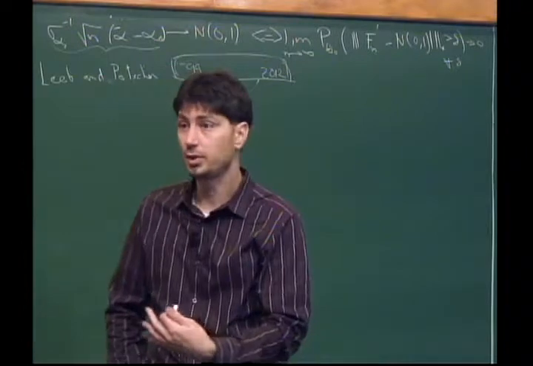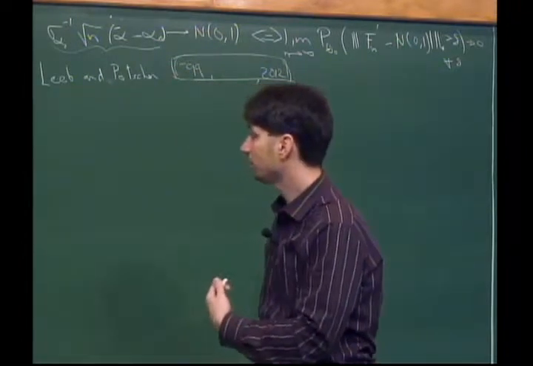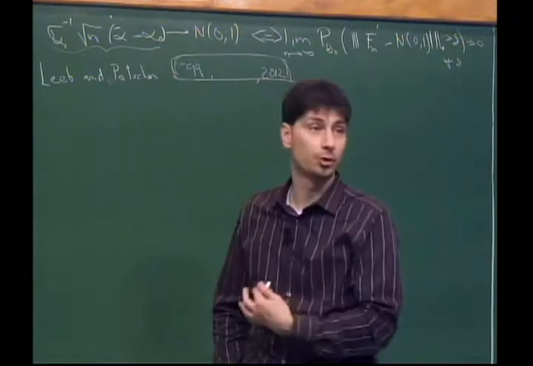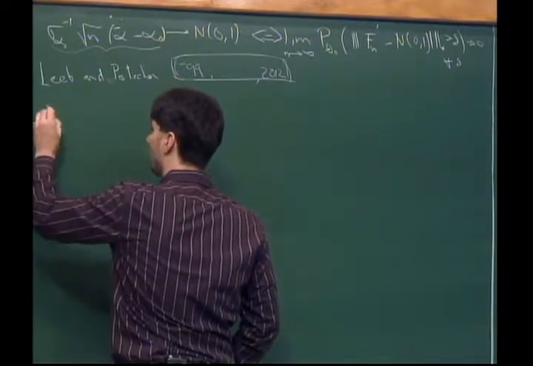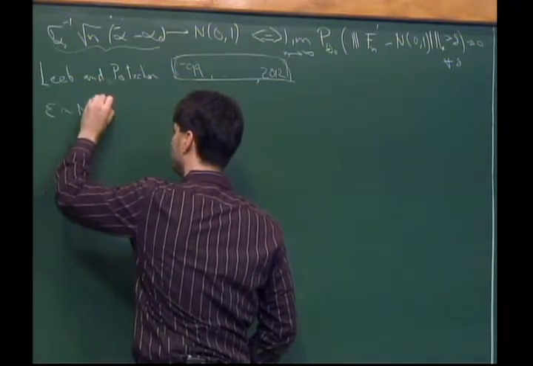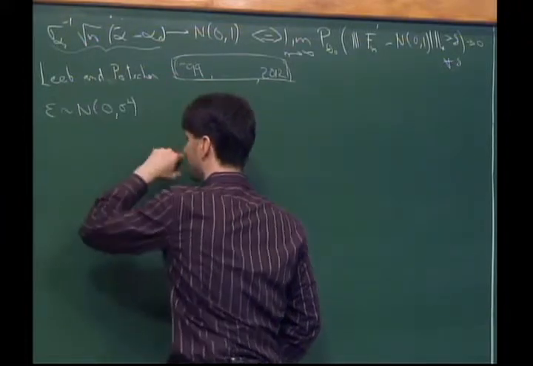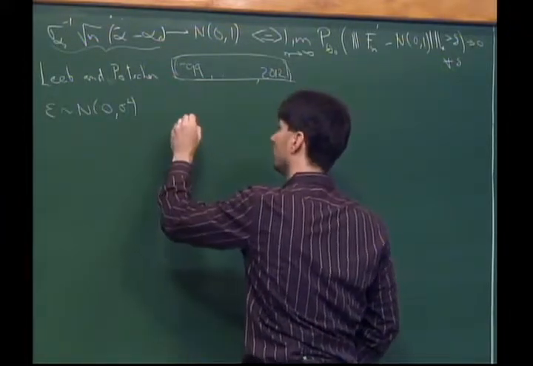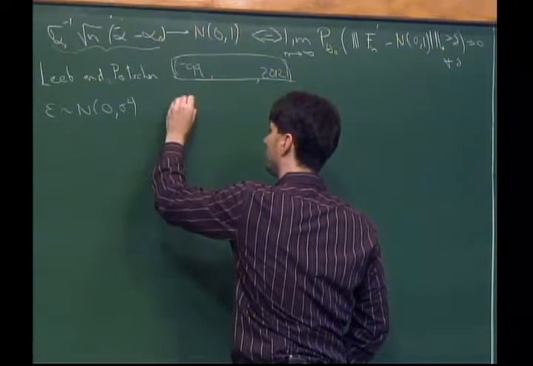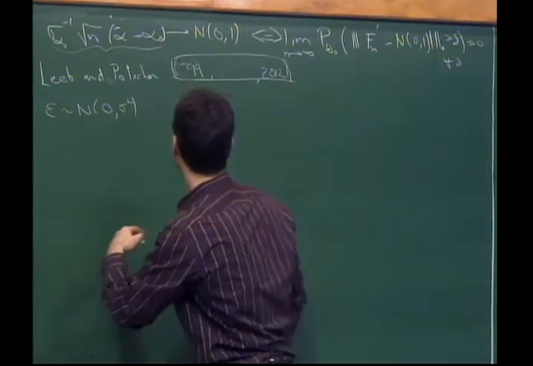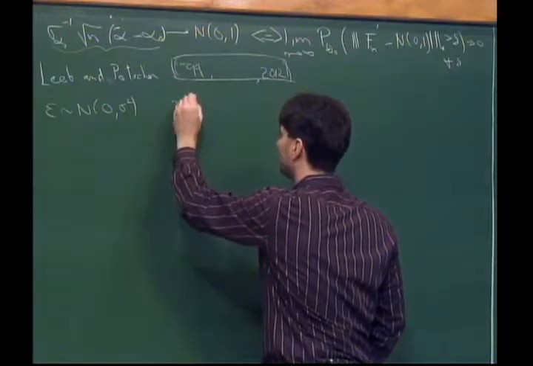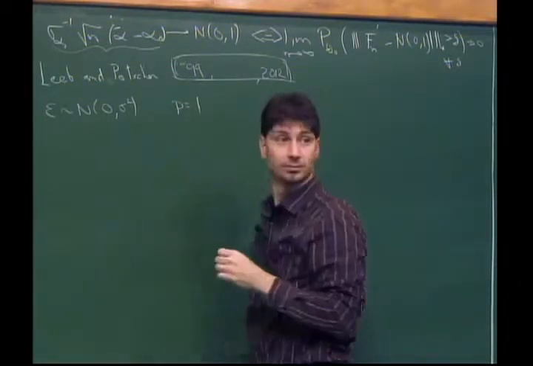So I want to make the model as simple as possible. So let's look at that model in the case where the error term is normal, and moreover, P, which is the dimension of x, P equals 1.